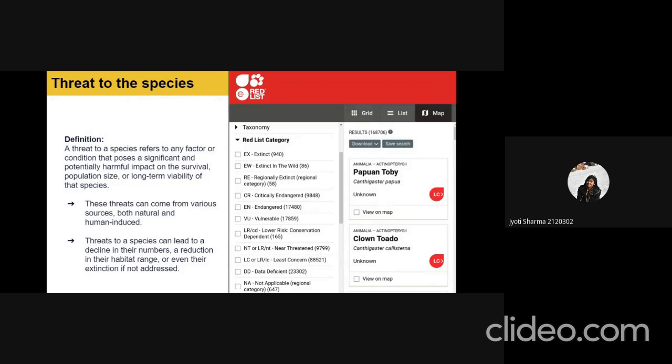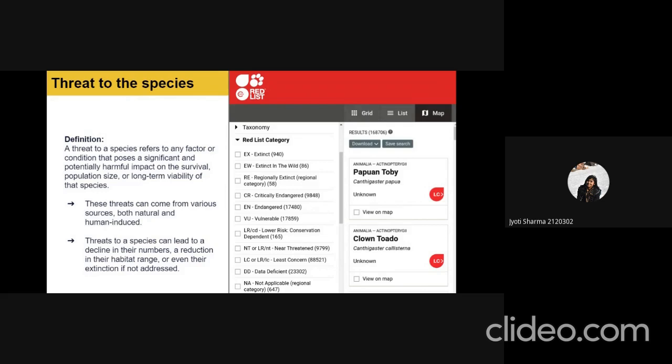They are not in their natural habitats right now. Suppose we have mangrove forest and one species of mangrove: we can't see it in the mangrove forest right now. They can be present in captivity, zoos, or a botanical garden. We can find them there, but we can't find them in the natural habitat where they used to survive. So this is extinct in the wild.